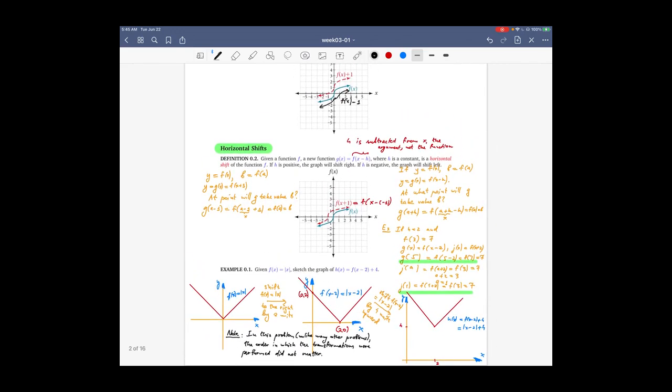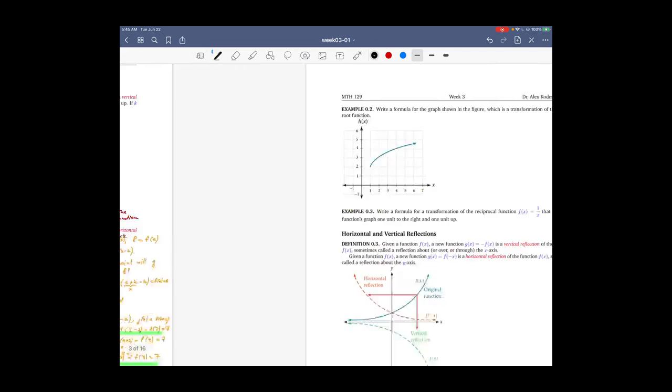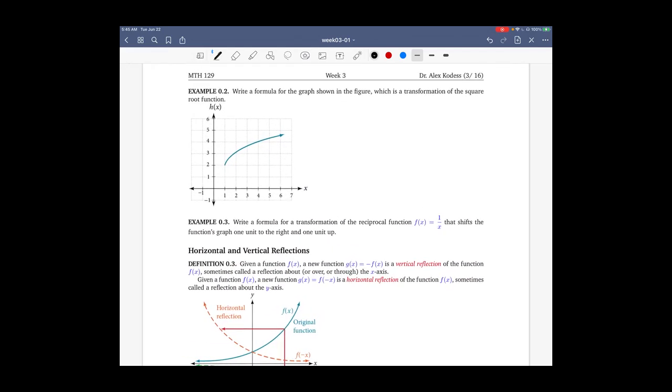All right, let us now move on to the next example. Here the problem is to reconstruct the formula from the transformation of the square root function.